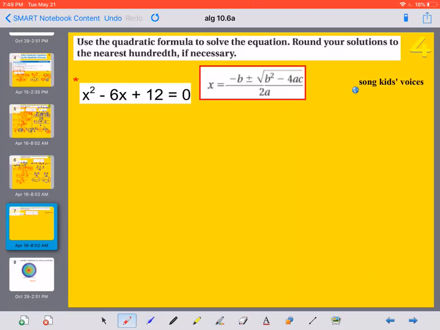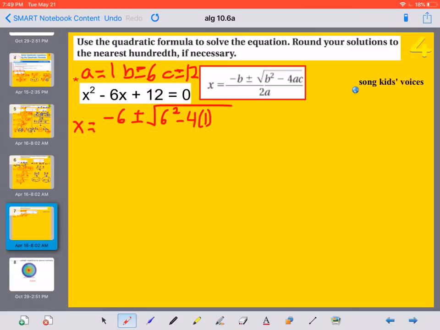Alright, last one we're going to do today. Our A is going to be 1, our B is going to be 6, and our C is going to be 12. So x equals negative 6 plus or minus square root of 6 squared minus 4 times 1 times 12, divided by 2 times 1.